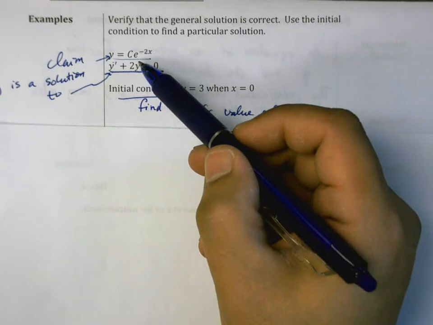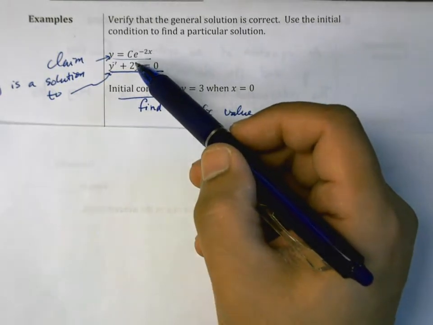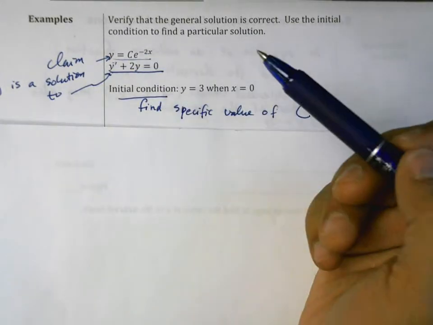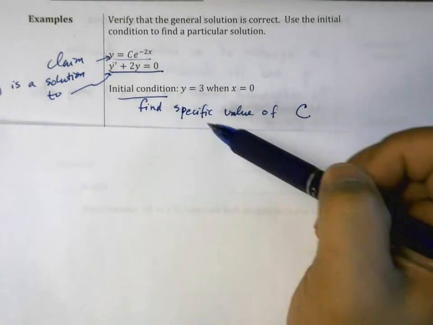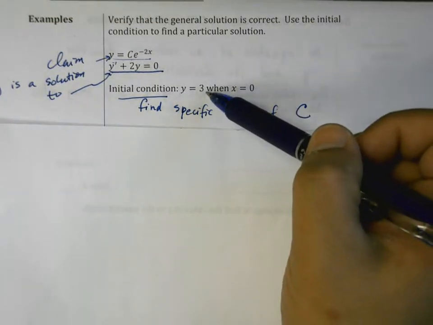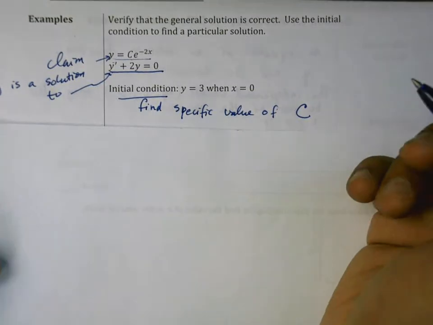So the claim is that every solution, every equation that looks like this with some constant in front of it is a solution to this equation, and we want to find a specific value of c such that y equals 3 whenever x equals 0.